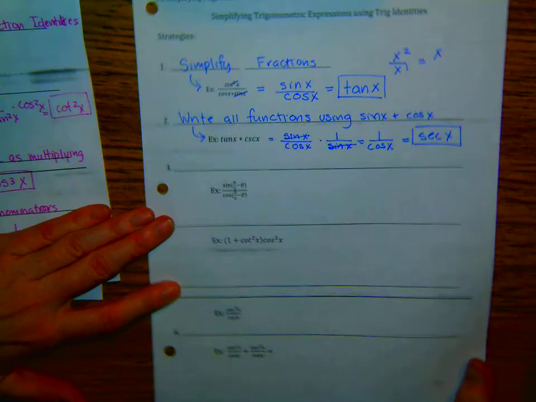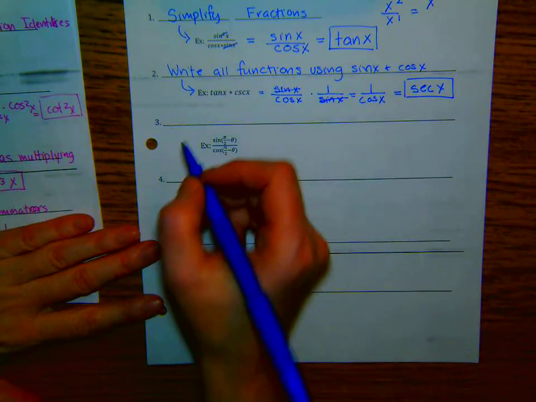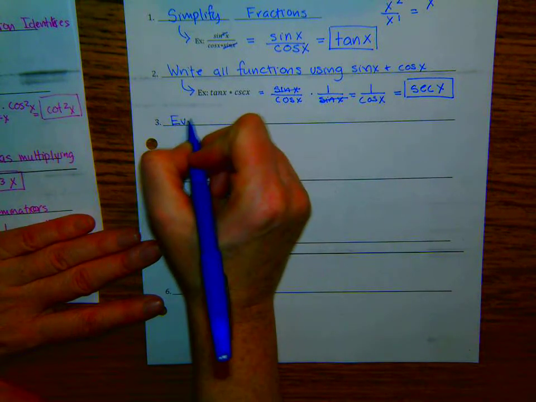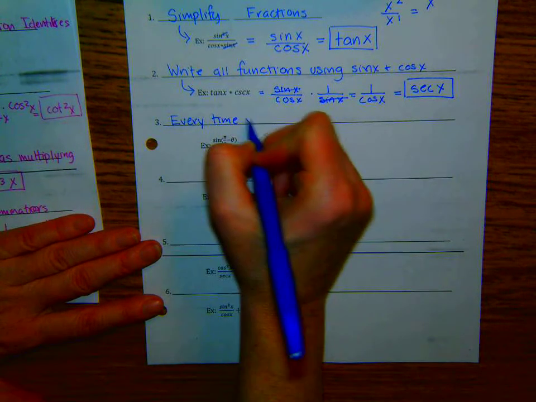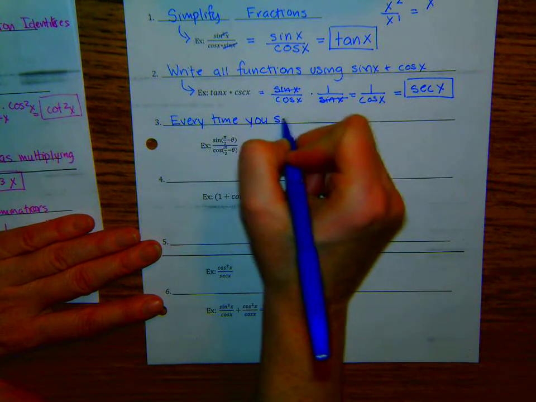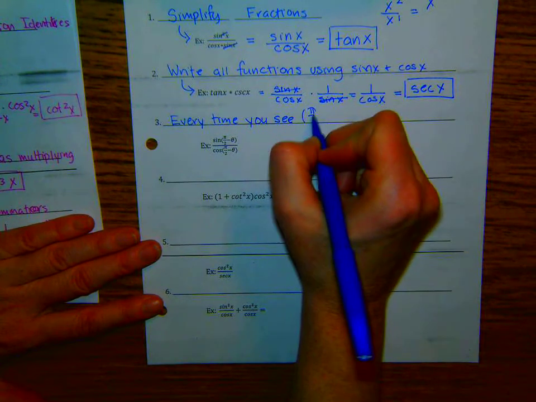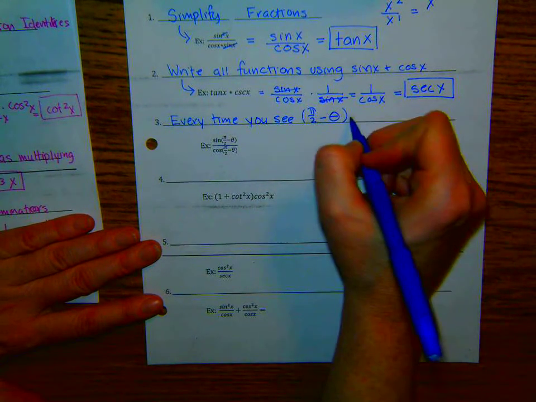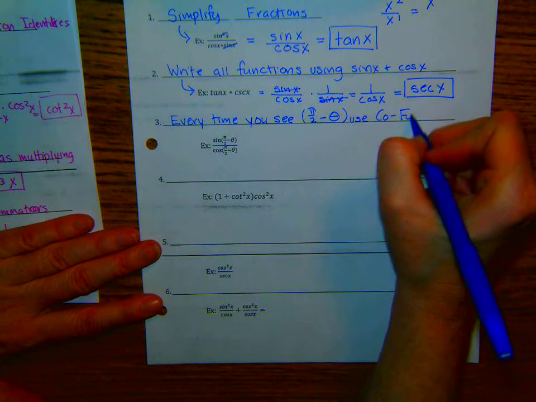Now, what is our third strategy? Our third strategy is this. Every time you see pi over 2 minus theta or minus x, use co-function identities.